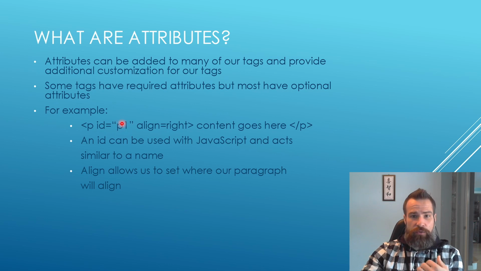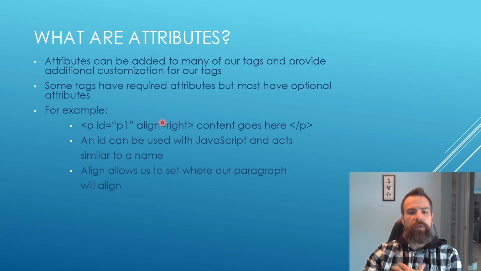And so this allows me to create a unique identifier for my paragraph, which isn't useful unless I'm going to use that to do something else, which we do in JavaScript. And then here's another attribute called align. So align equals right would mean that the paragraph is going to align to the right, or you could align it to the center or to the left. So that's an example of an attribute.